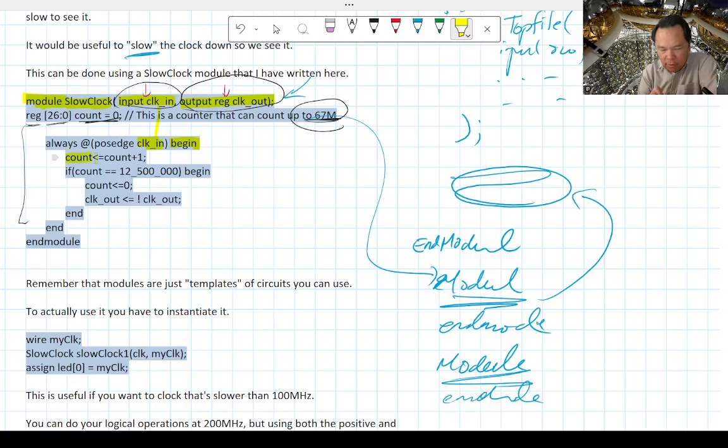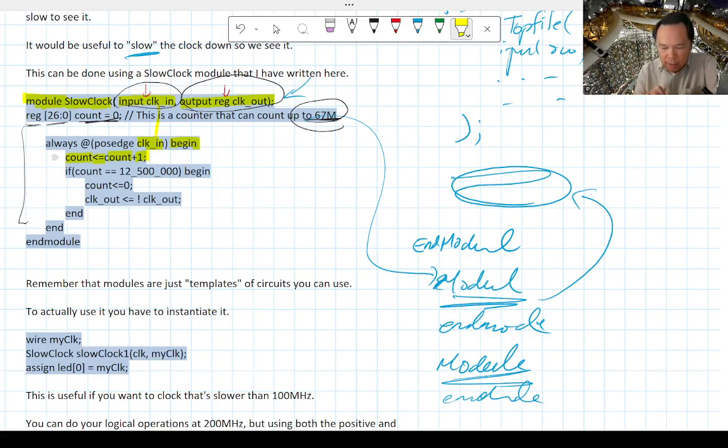I'm going to make count be updated to count plus 1. I'm just going to iterate, right? If count is 0, I'm going to make it into 1. And the way I update that information is by using this little non-blocking assignment operator, right? With this less than or equal thing. And you think about it as you're basically moving what's on the right into the left. You're moving into that house, okay?